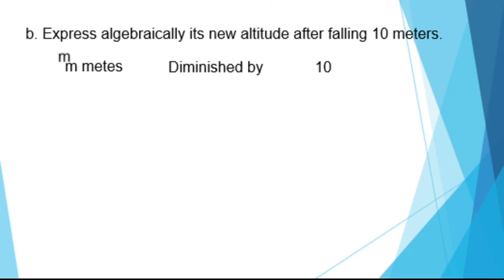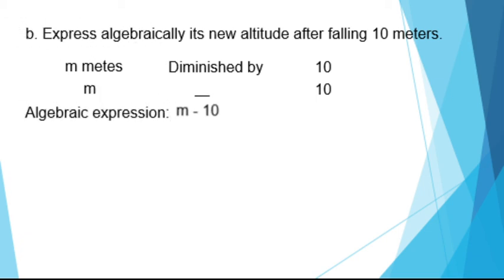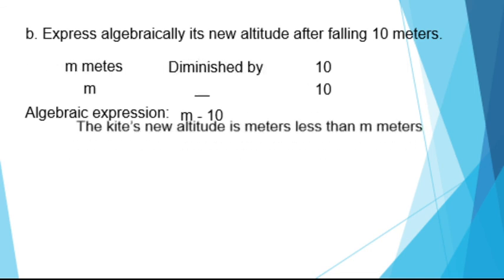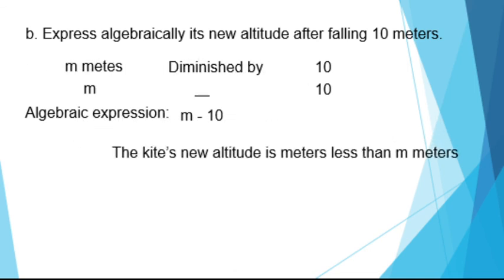So m is the variable, diminish meaning you are subtracting, and then of course, you have the 10. So to write that into an algebraic expression, that is equal to m minus 10. So then the kite's new altitude is 10 meters less than m meters.